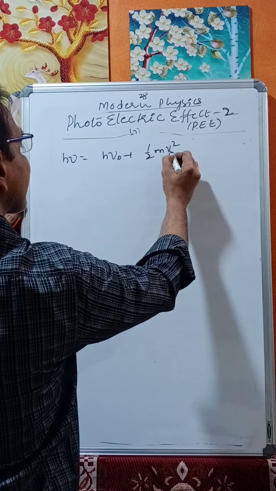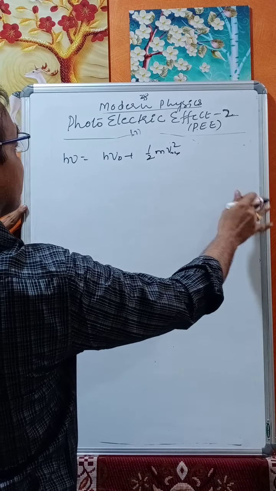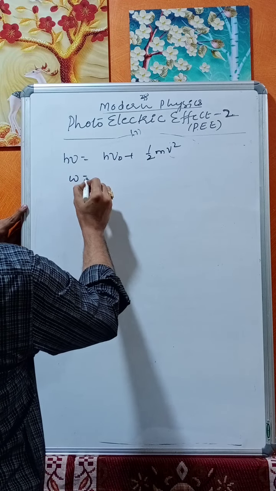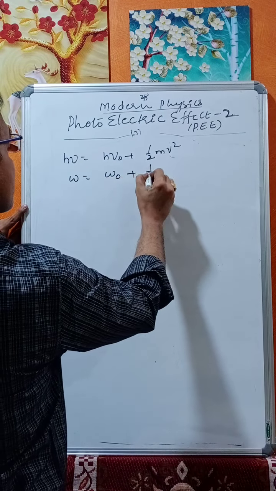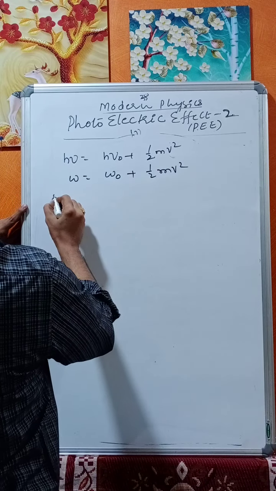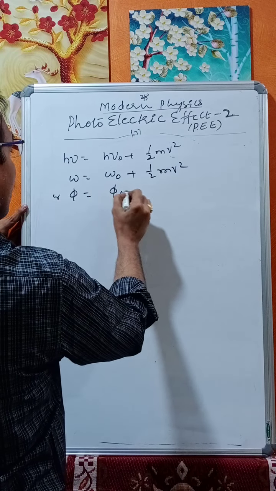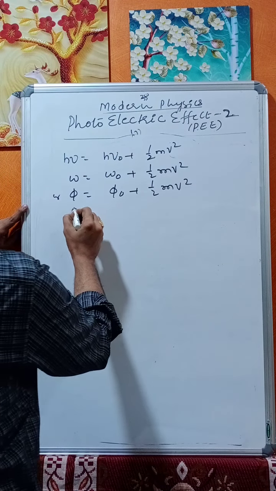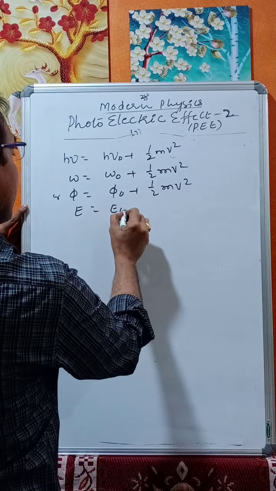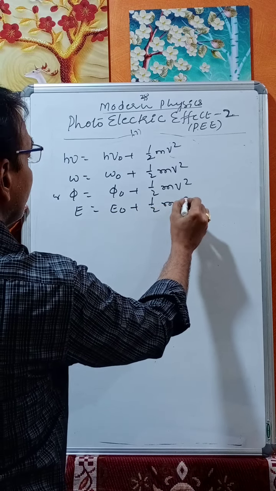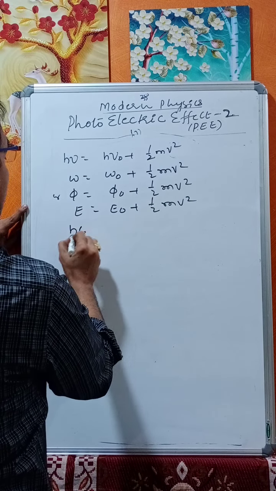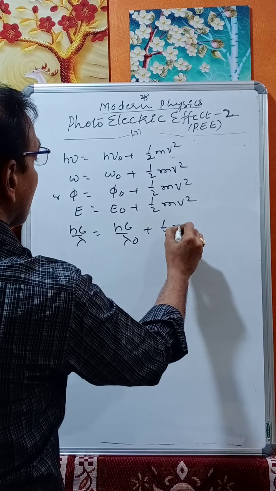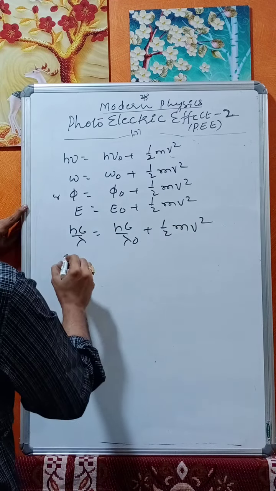We can take v max also, no problem. Or W is equal to W naught plus half m v square, or phi is equal to phi naught plus half m v square, or E is equal to E naught plus half m v square, or hc by lambda is equal to hc by lambda naught plus half m v square.